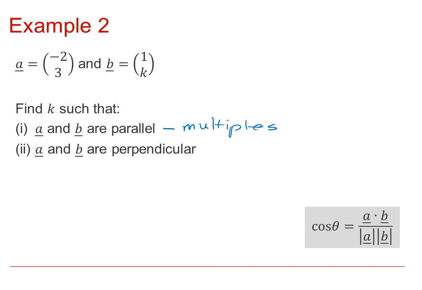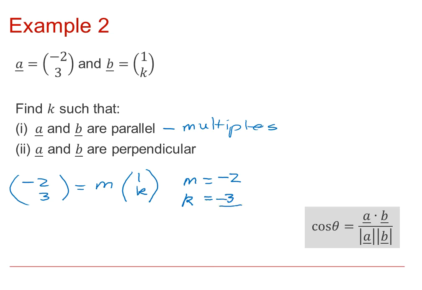So if we compare minus 2 and 3, and we want that to be some multiple of 1 and k, then the multiplier must be minus 2, which would mean that k equals 3 divided by minus 2, or minus 3 over 2, to be parallel.